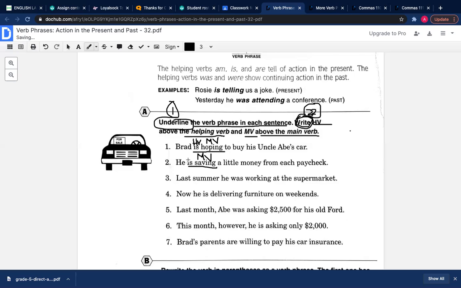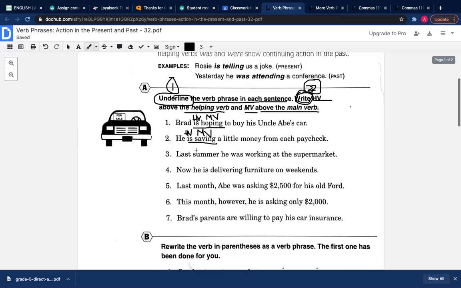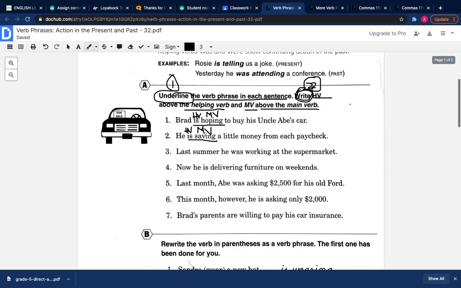The helping verb then is. Is helping out the verb saving. Okay. You need to continue underlining the verb phrases in the following ones and identifying which one is the helping verb and which one is the main verb.